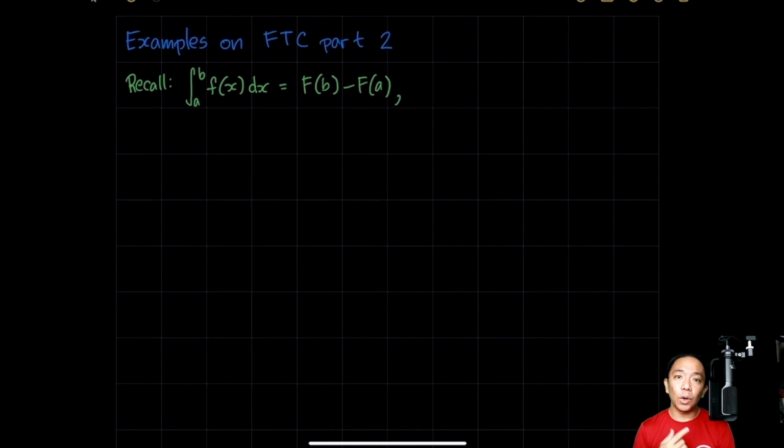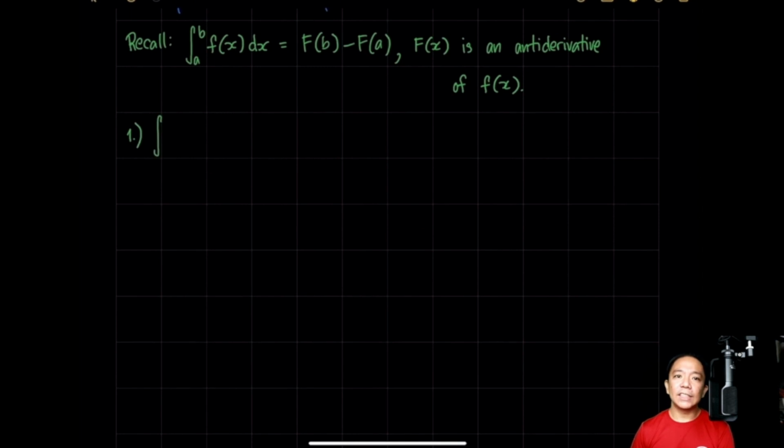We'll just use one antiderivative of lowercase f of x na tatawagin natin, for example, capital F of x. So, gagamitin natin si capital F of x to evaluate yung dalawang limits of integration and take their difference. So instead of taking the Riemann sum, we'll just find an antiderivative, evaluate at b, evaluate at a, and take the difference. So ito siya.